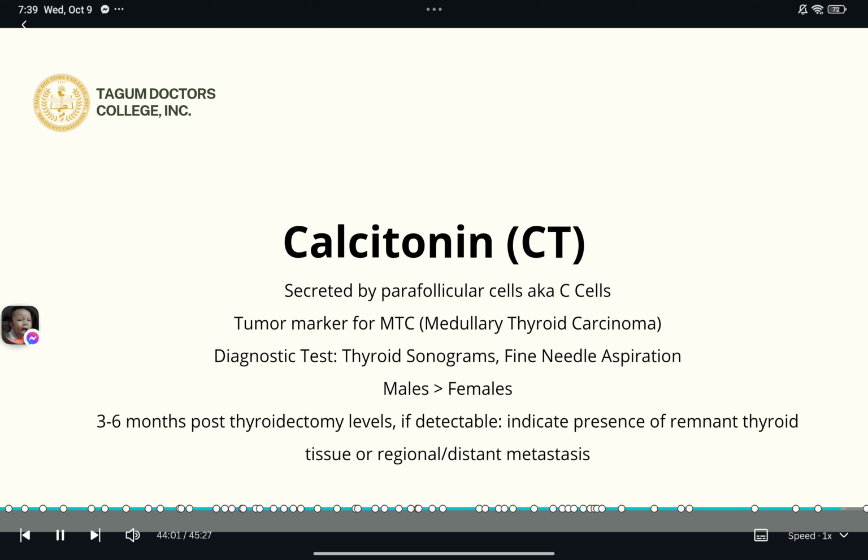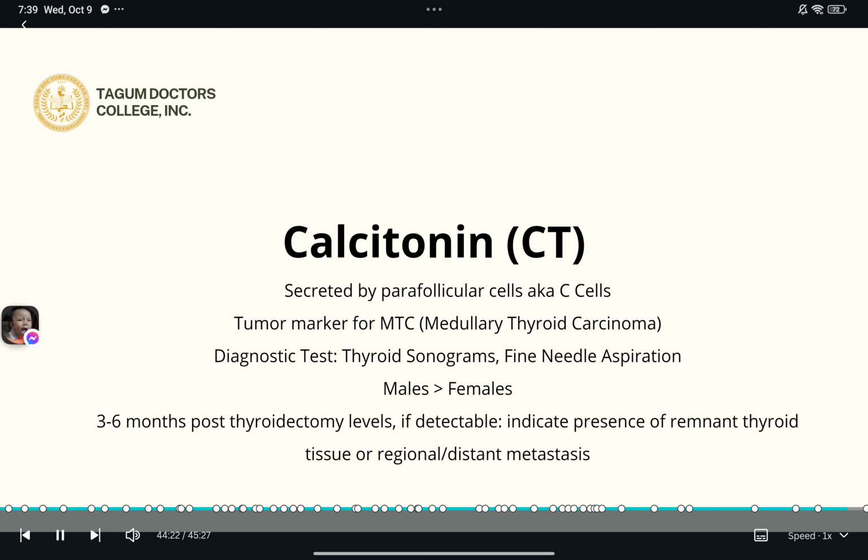Okay, so this is usually markedly elevated in children 3 years old, especially those younger than 6 months old. Okay, and then 3 to 6 months post thyroidectomy levels, gina-measure siya after thyroidectomy.